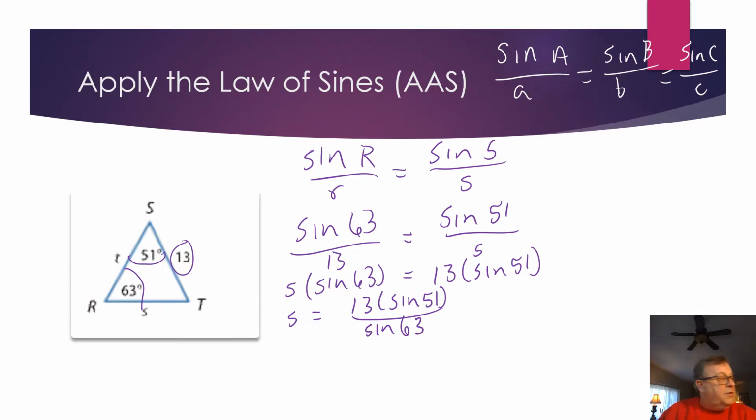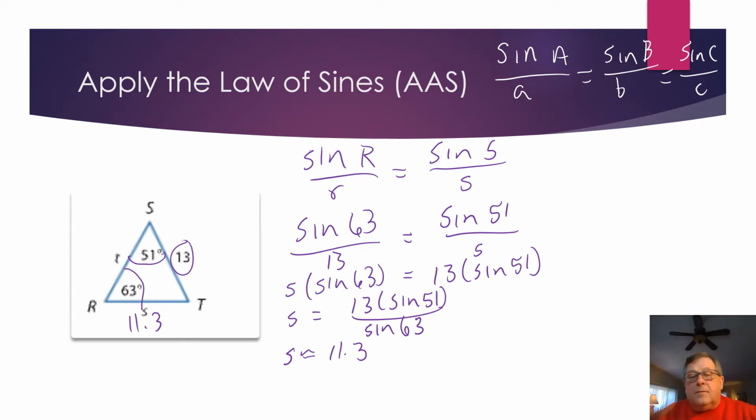We're going to round this to the nearest tenth. So S is equal to approximately, because it is a decimal continuing on out there, 11.3. So we can say here that S is 11.3.